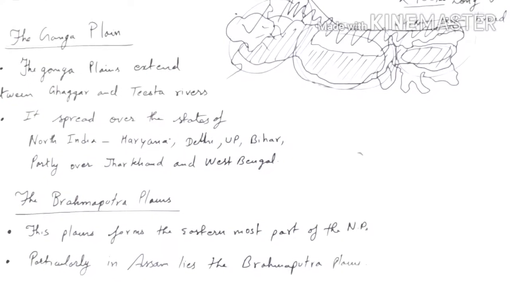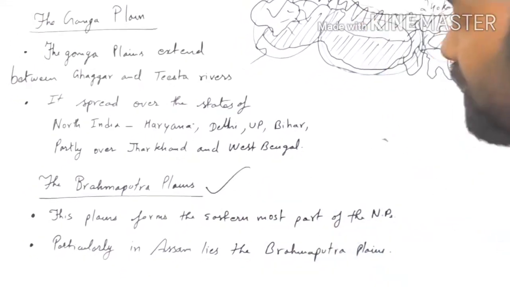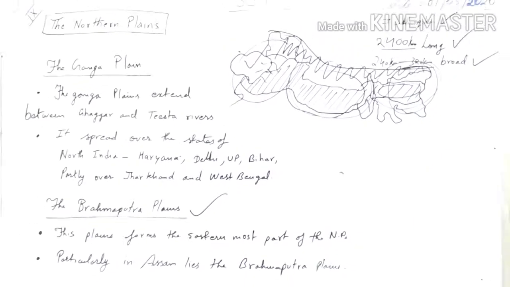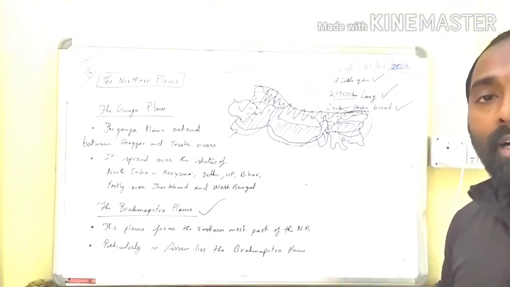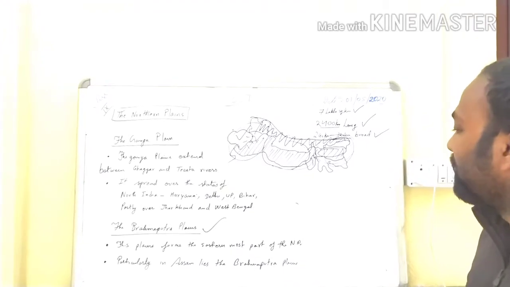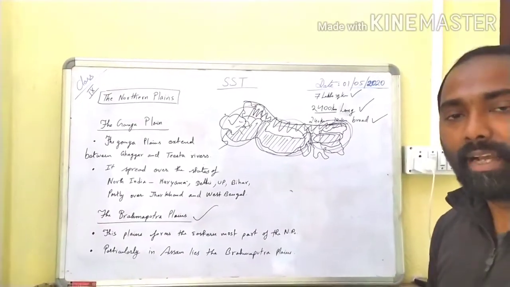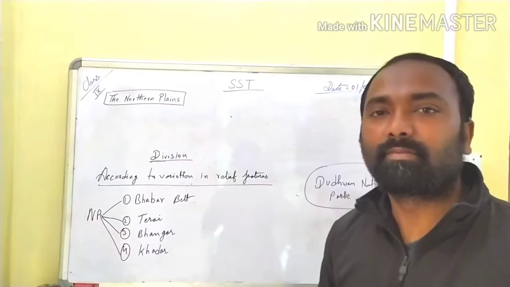Now the next one is the Brahmaputra plain. This plain forms the easternmost portion of the northern plain, and it particularly makes up Assam. I hope you understood this.